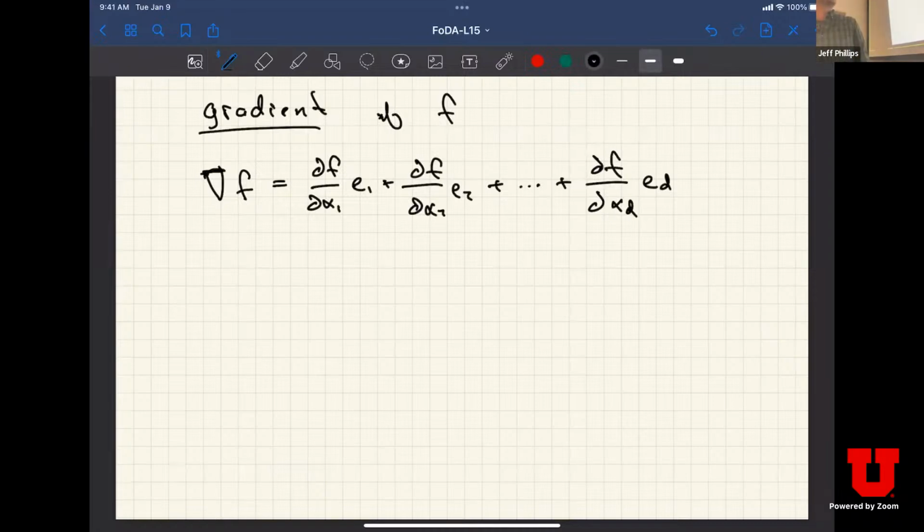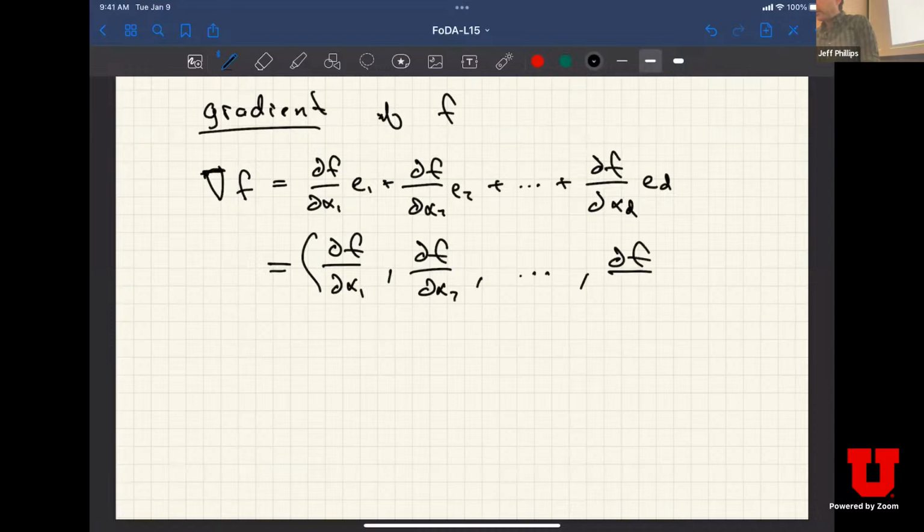But I'm going to multiply them by these vectors, E1 through ED. This is equivalent to just putting them into a vector: df/d alpha 1, df/d alpha 2, up to df/d alpha d.